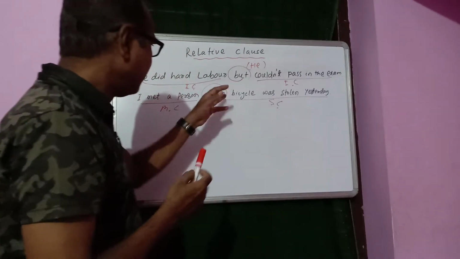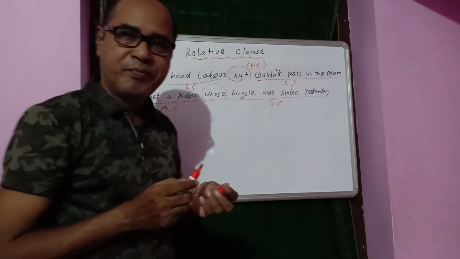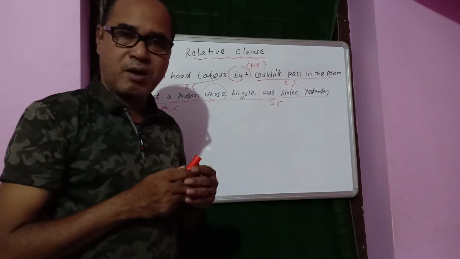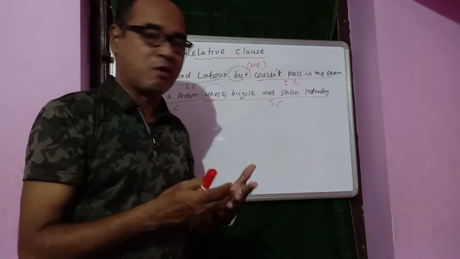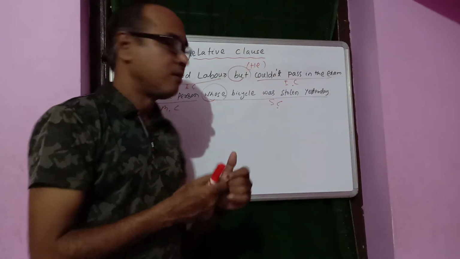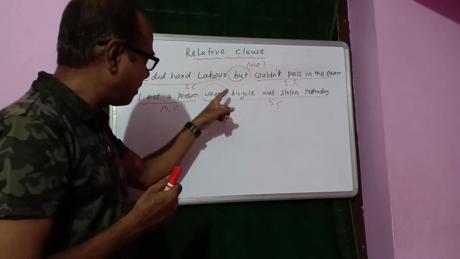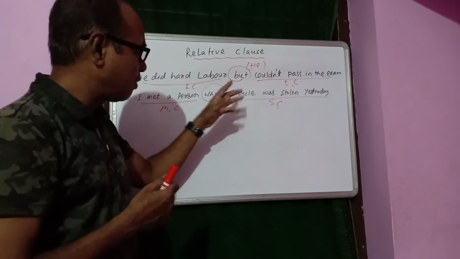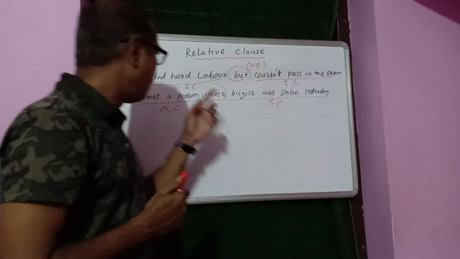Here, whose bicycle was stolen yesterday says something about the person. It gives specific or essential information about the person whose bicycle was stolen yesterday.